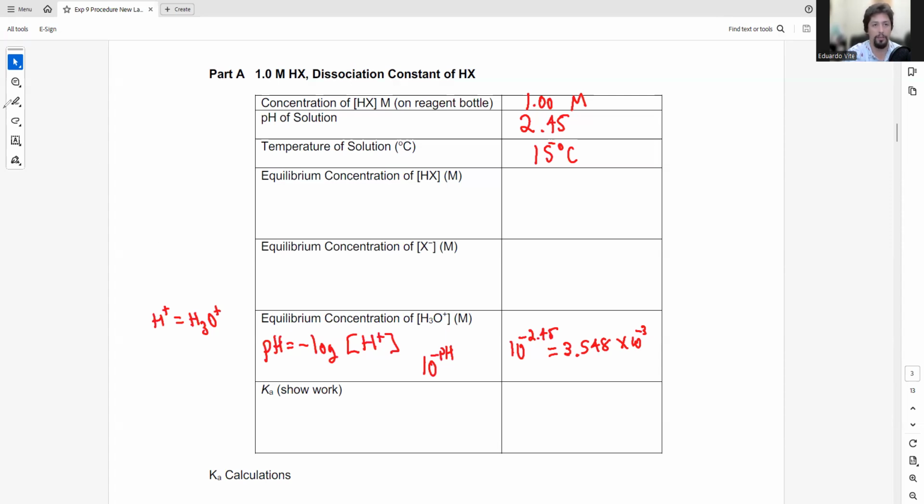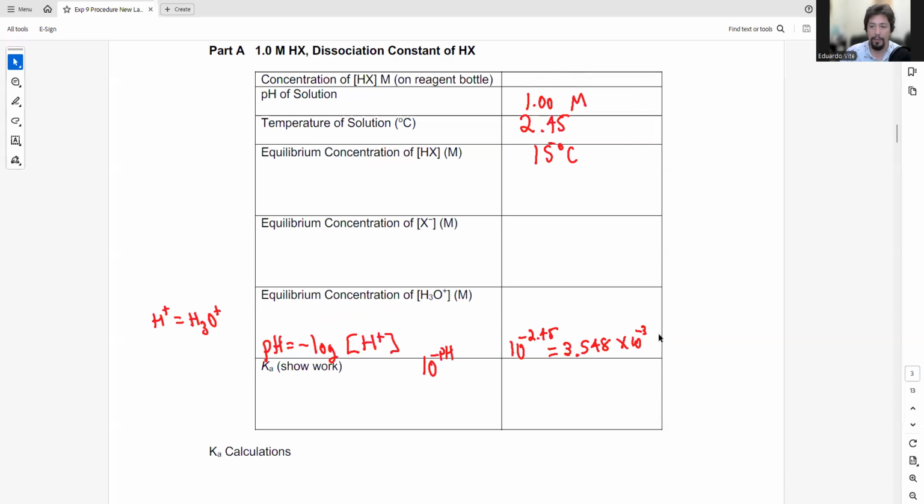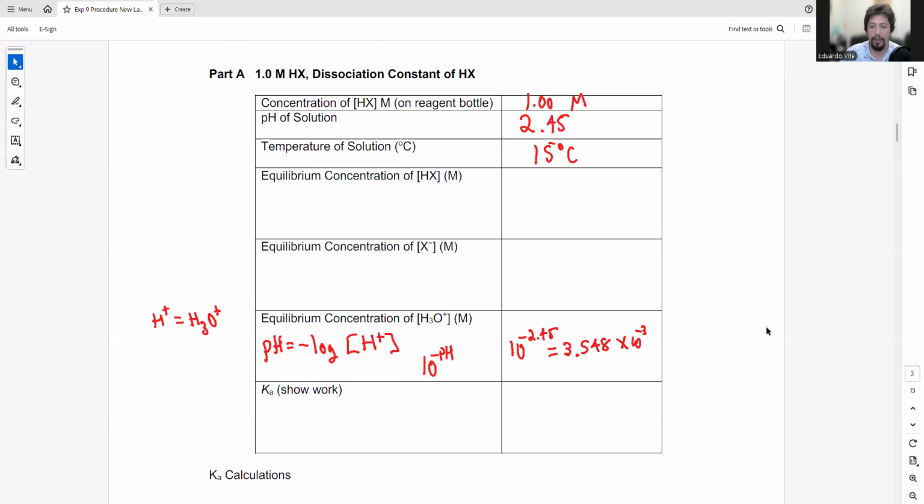So here's the thing about this calculation. This number here is my hydrogen ion concentration. Remember, we need the ice table in order to answer these questions here. Now, in order to do that, we have to remember how this works, okay? First of all, Ka is equal to product over reactant.